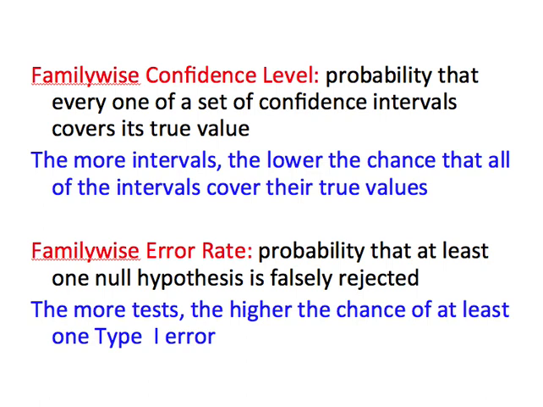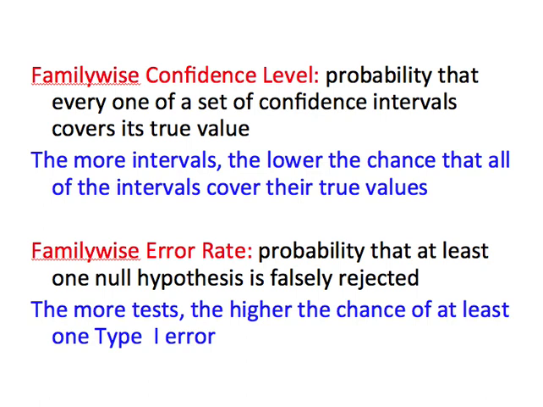Only a certain proportion of the null hypotheses that I reject were falsely rejected. So the family-wise confidence level and the family-wise error rate have to do with the probability that you make no mistakes, whereas the more modern goal has to do with putting a cap on how many mistakes you make, knowing that you are going to make some.